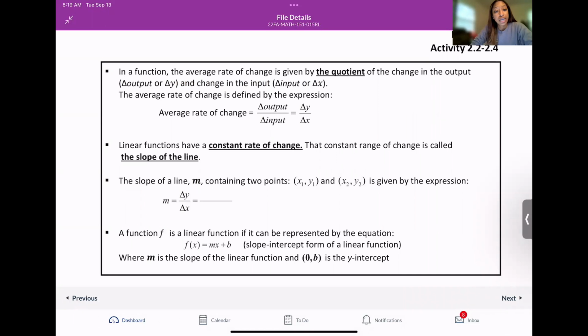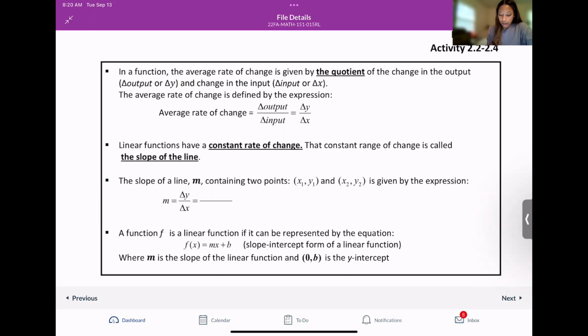So the average rate of change, and this is for any function, is the change in the output, delta y, over the change in the input, delta x, okay? If you pick any 2 points on the graph of the function and the change in the output over the change in the input is the same, or it's constant, that means we have a linear function. So linear functions have a constant rate of change, and we call that constant rate of change the slope.